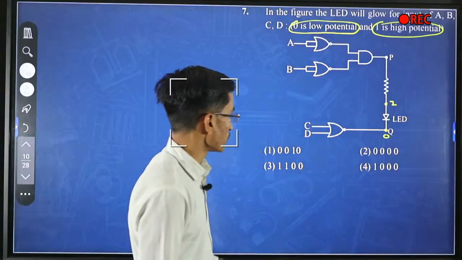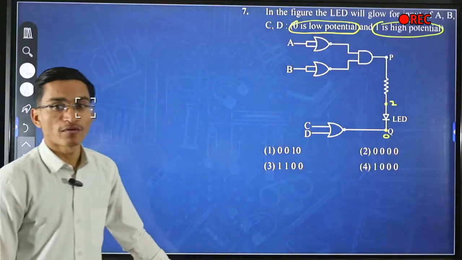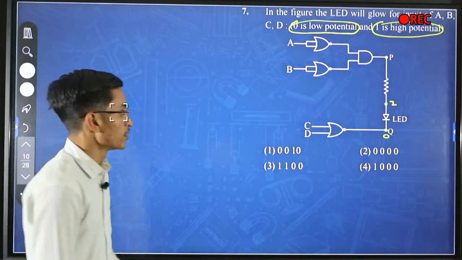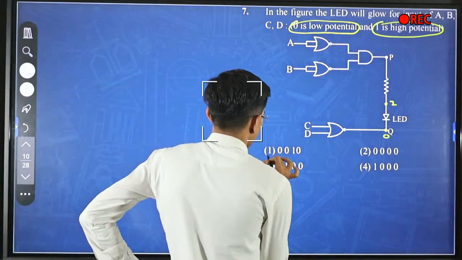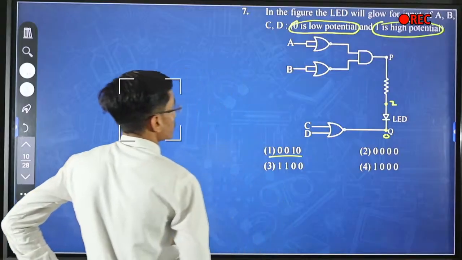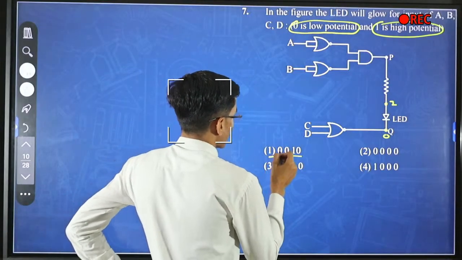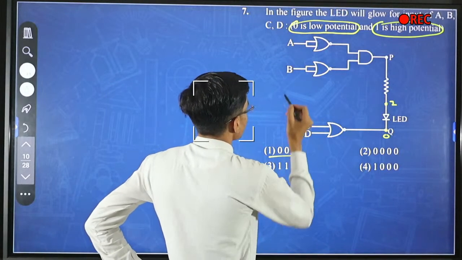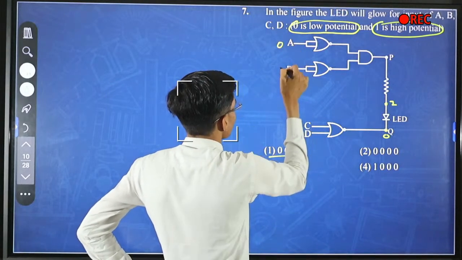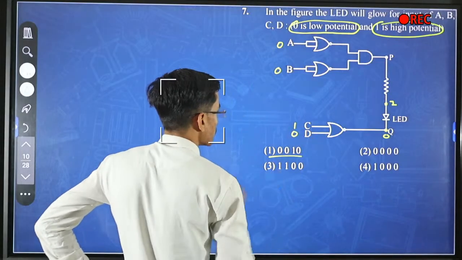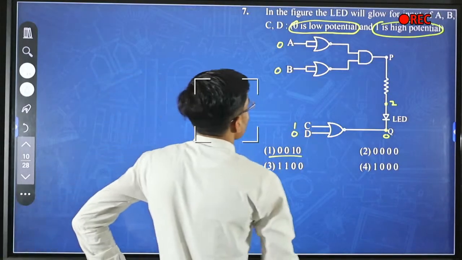So for this question we have to check all options one by one, because this is a hit and try question. Okay, so let us start from option 1. If input is 0 0 1 0, meaning value of A is 0, B is 0, C is 1 and D is 0, then what will be the output?